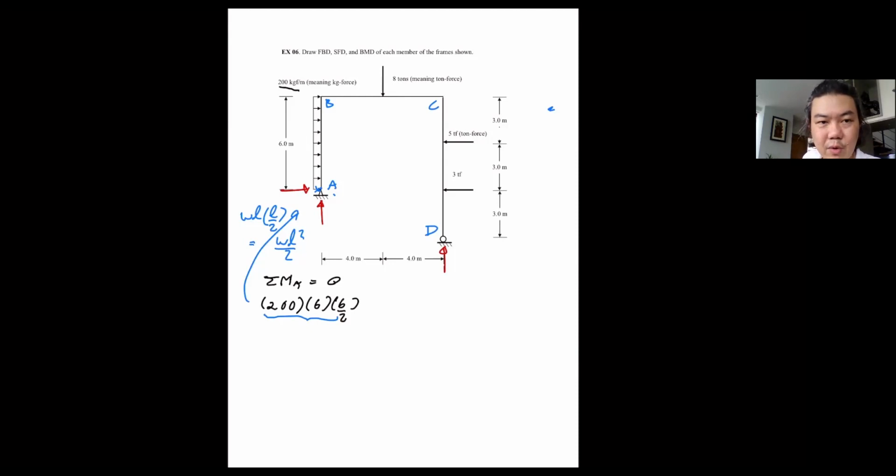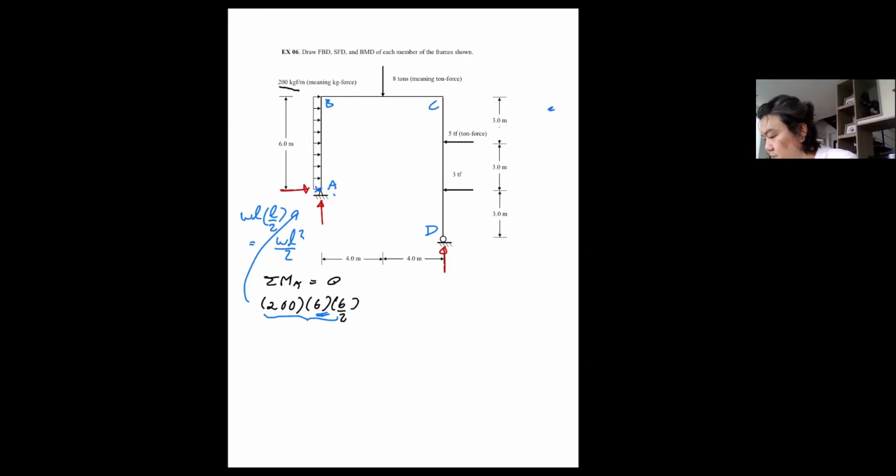And second of all, I want you to feel how the load affects your structure. Not just if you keep doing this all the time, it's just like, when will you feel it? Okay, so if I write WL square over 2, you should know that, okay, it comes from this. So that's the first load done.